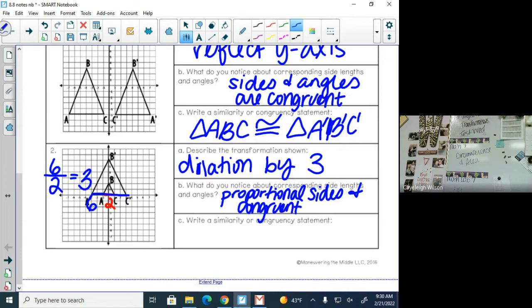The angles don't really change just because the side lengths changed. Okay? The angles are still the same, even though side lengths are different. So the way I would write that is triangle ABC is similar to triangle A prime, B prime, C prime.